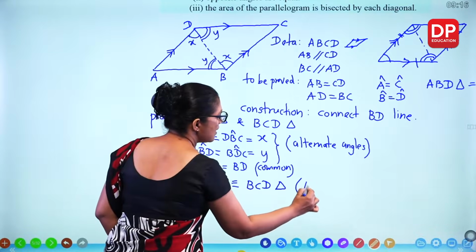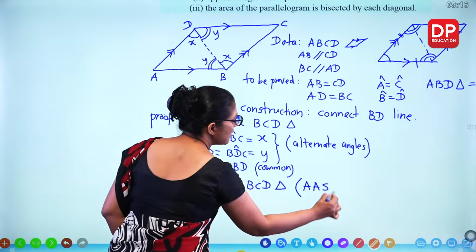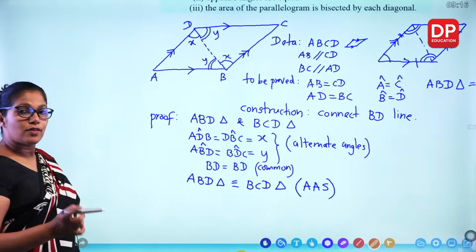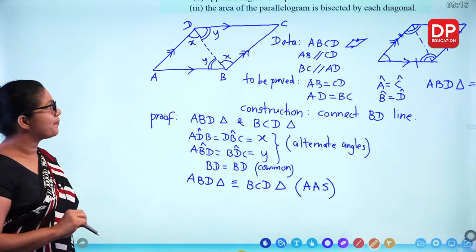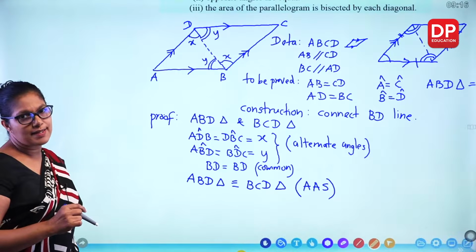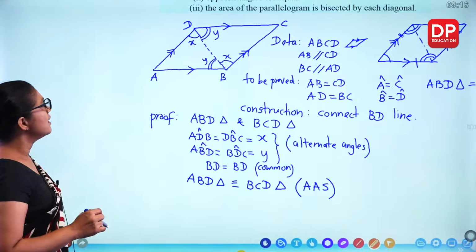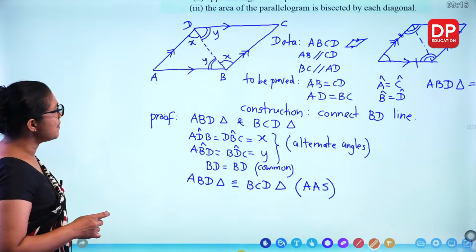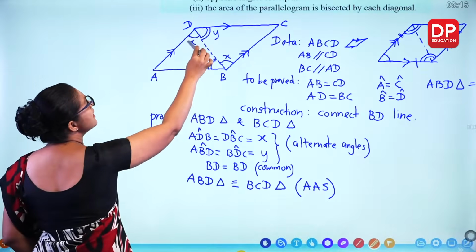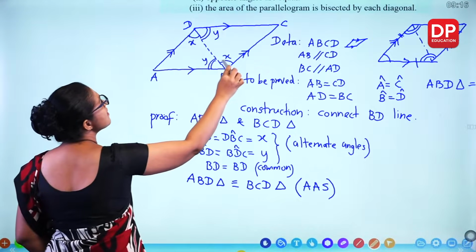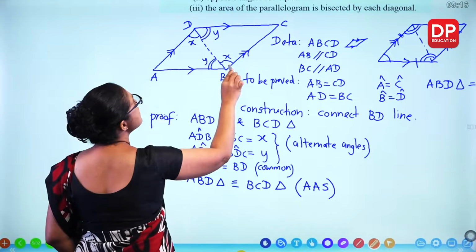Angle, side. So these two are congruent, which means the corresponding elements are also equal. So what are the corresponding elements? AB is the line opposite to X. What's the line opposite to this X?